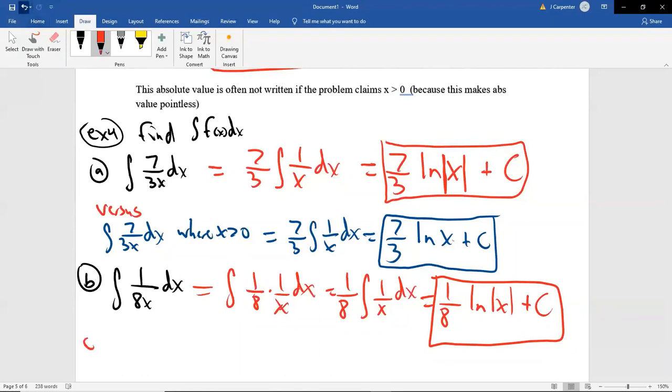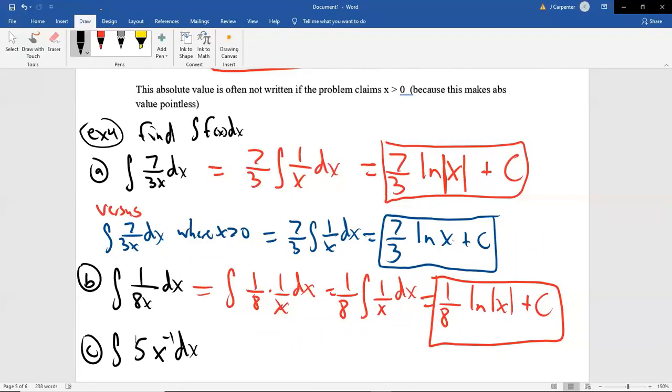All right, problem c, as opposed to the integration constant c. The integral of 5 times x to the -1 dx. Now you might say, oh, x to the negative 1, power rule.